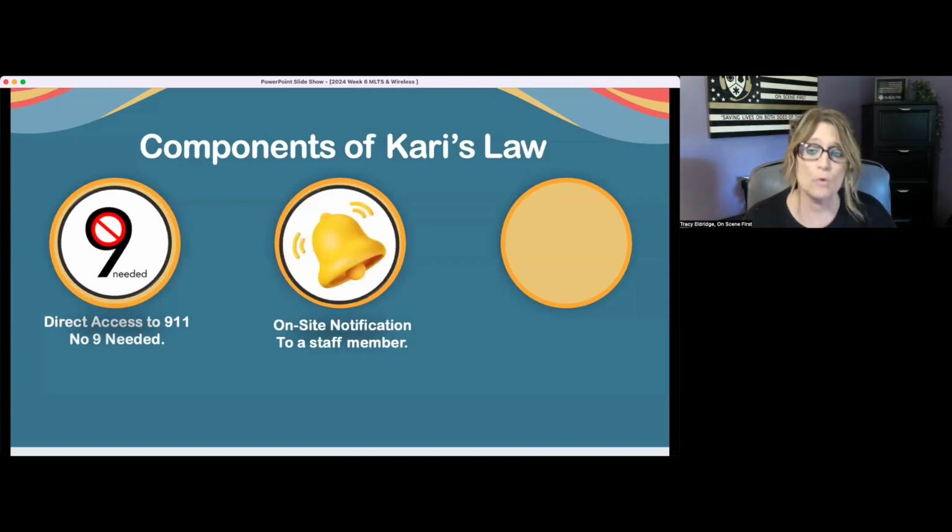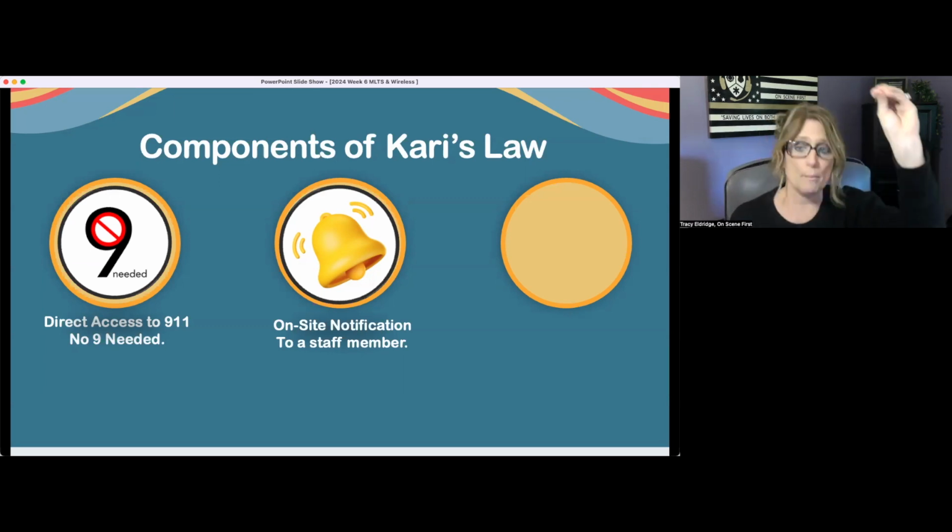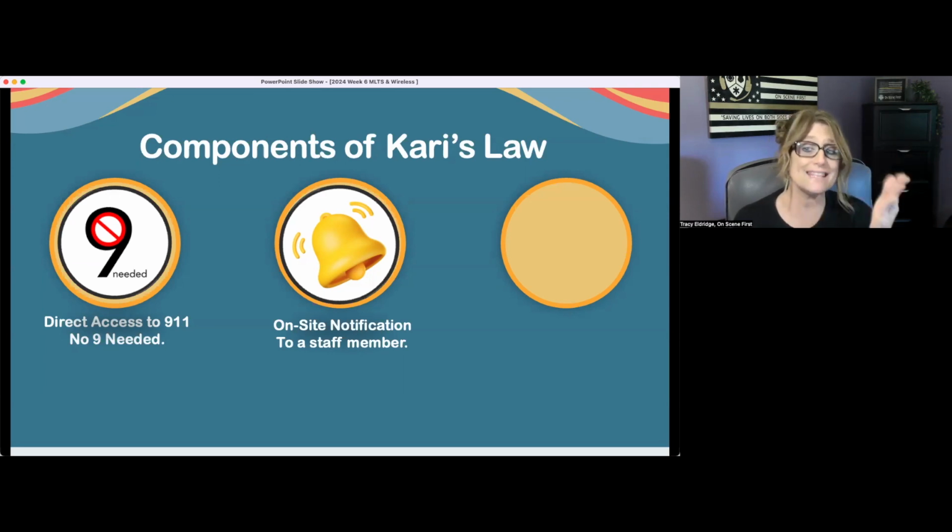The next component, because of what I shared on the previous slide, is there needs to be some type of on-site notification to a staff member, whether it's some type of alarm, an email notification, a light notification, but there has to be some type of indication that somebody from this facility has dialed 911 and this is the location where the 911 call came from.